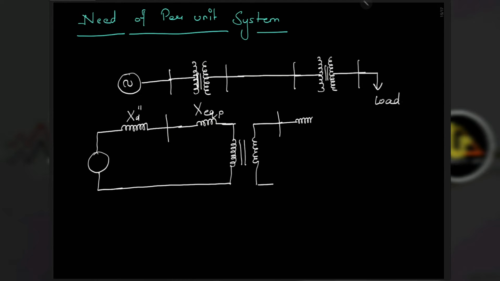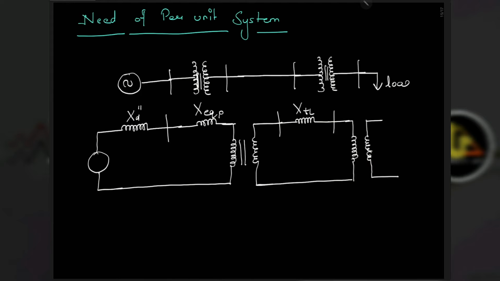So suppose this is the transmission line impedance and the impedance of this transformer, I am representing the impedance of this transformer in the secondary side, in the load side, and this is the load.